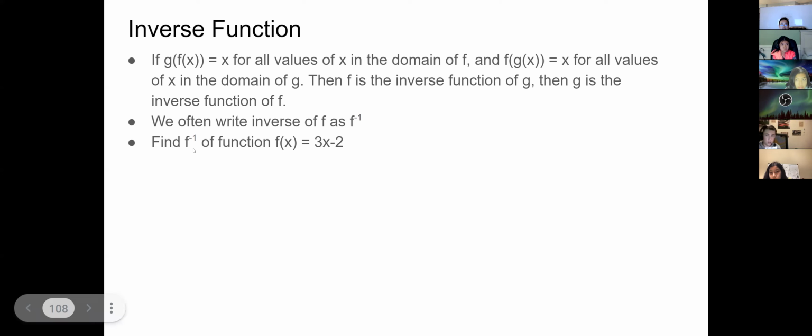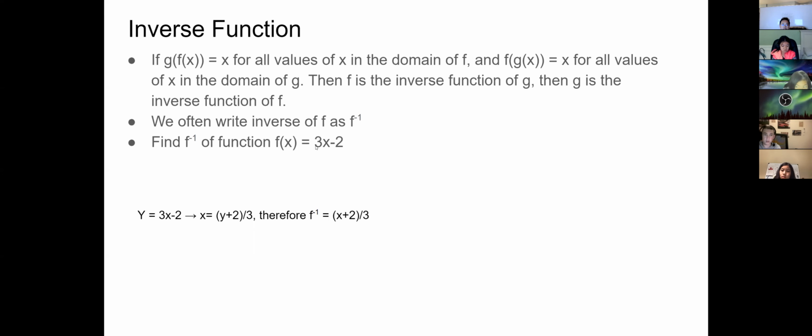So can we try to find what f^-1 is? I'd like to give the answer here, because if you look at y equals 3x minus 2, then you solve for x: x equals (y plus 2) over 3. Therefore, the inverse function here is actually (x plus 2) over 3.